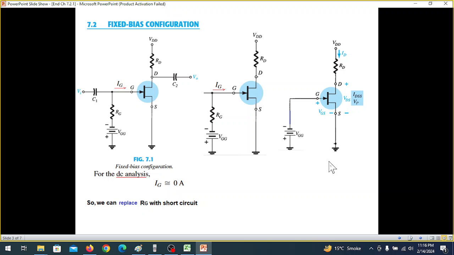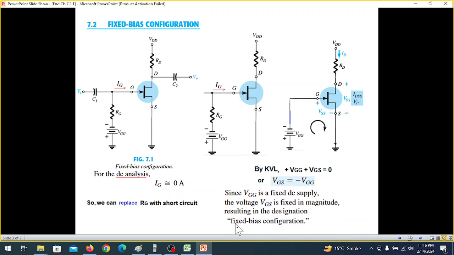Now from here, if you take the KVL equation around this, then we can see that plus VGG plus VGS equals 0. And from here, VGS is equal to minus VGG. That means this VGS is fixed by the value of VGG. And that is why it is called the fixed bias configuration.